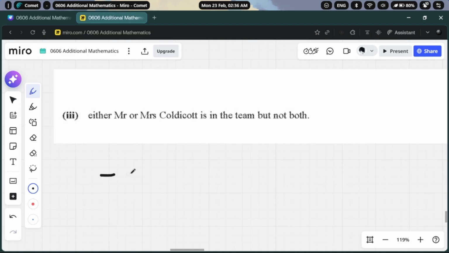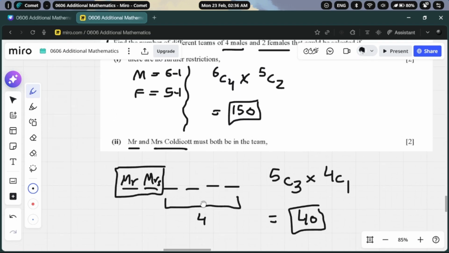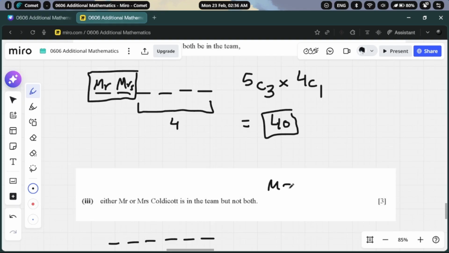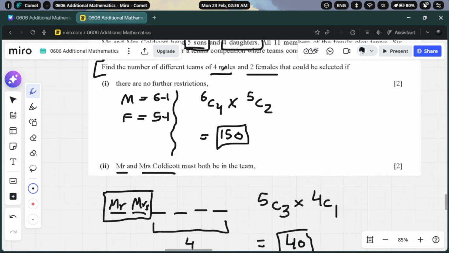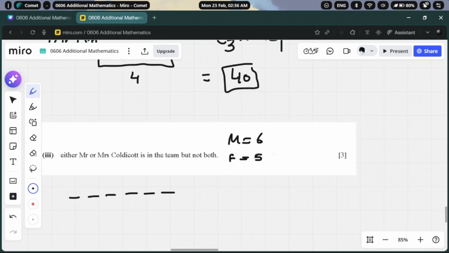So 1, 2, 3, 4, 5, 6. In total, there are 6 males, and in total, there are 5 females. And the condition is there have to be 4 males and 2 females. So 4 males, 2 females.